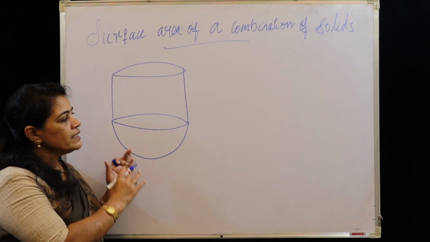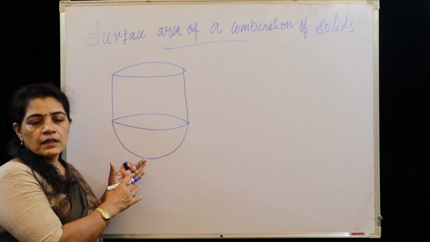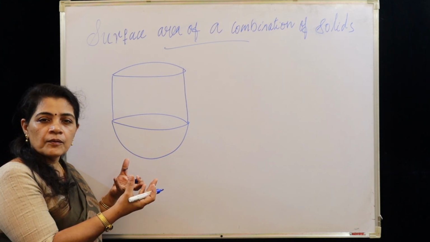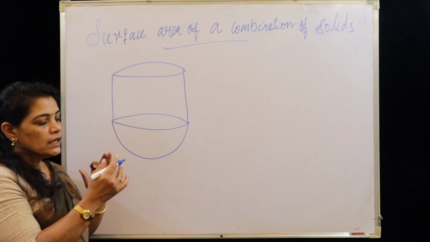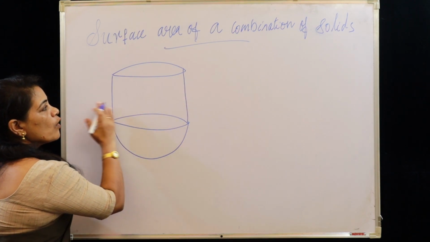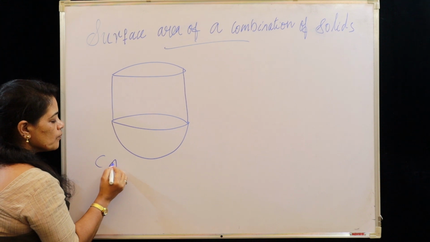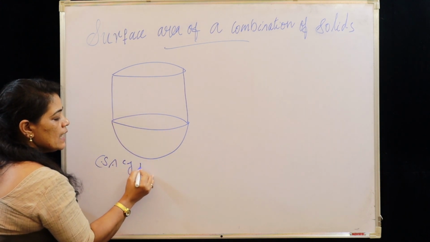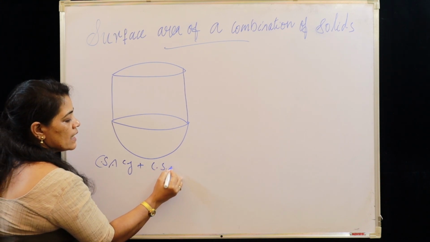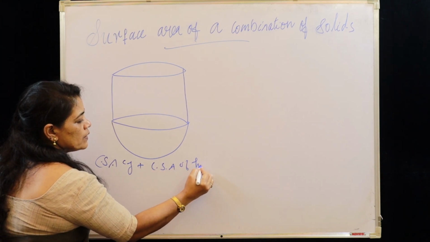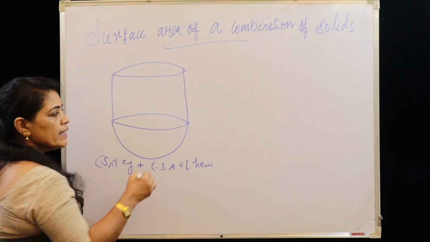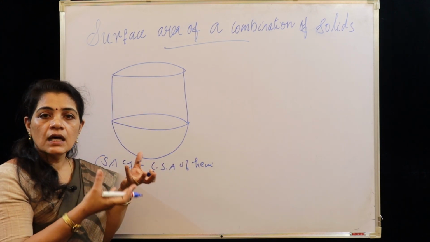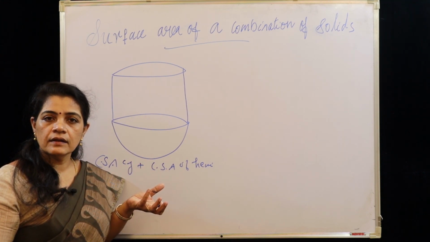So, in order to get its surface area, what is the formula? We don't have a single formula. We have to find the CSA of the cylinder plus CSA of the hemisphere. This will give you the total surface area of this solid.